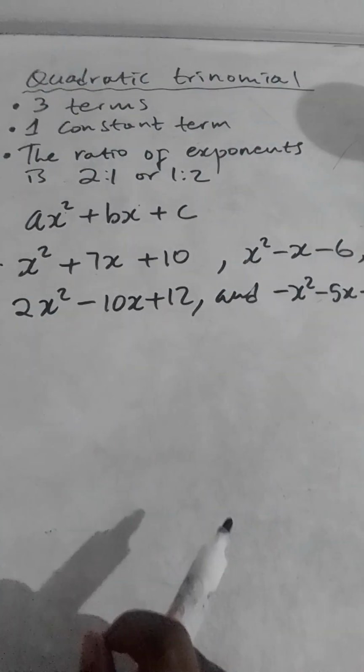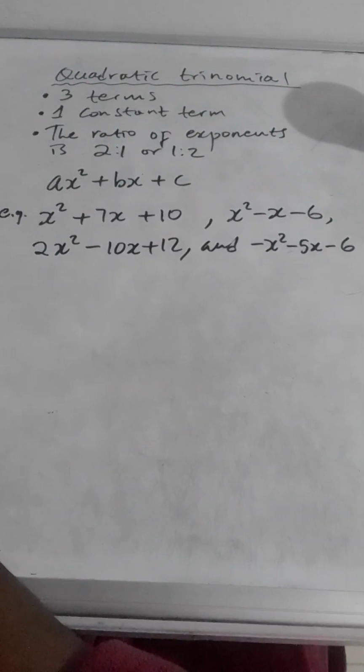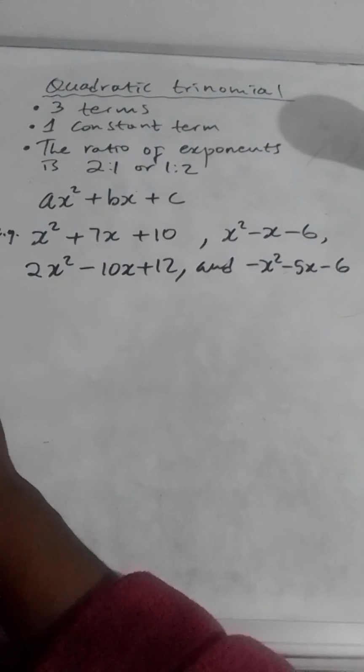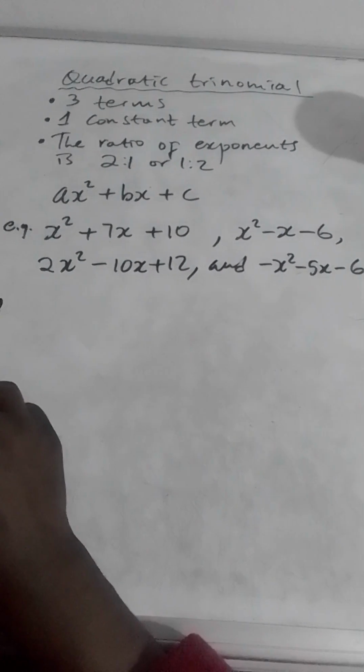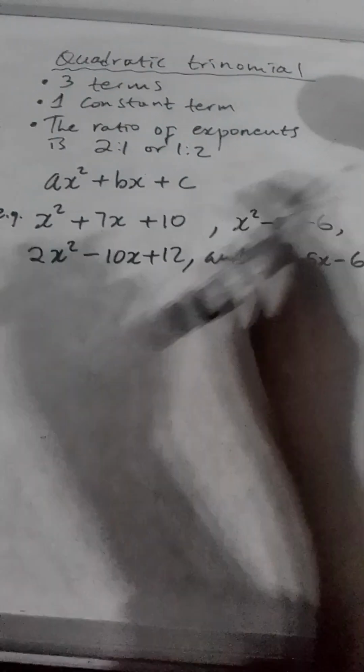So those are all quadratic trinomials. And as I said, we're starting with grade 8 and grade 9. So these are examples you typically find in a grade 8 or grade 9 problem set or worksheet.